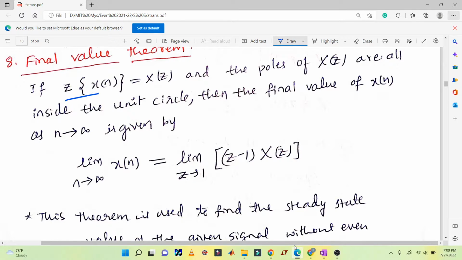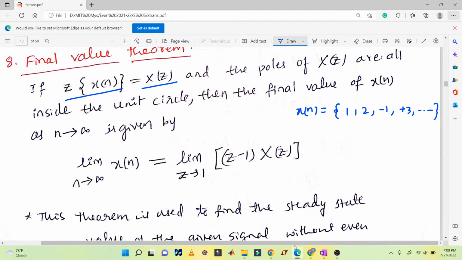In the final value theorem, we are going to find out the final value of a particular sequence. Say, if some sequence is given like this, x of n is equal to 1, 2, minus 1, plus 3, something like this.